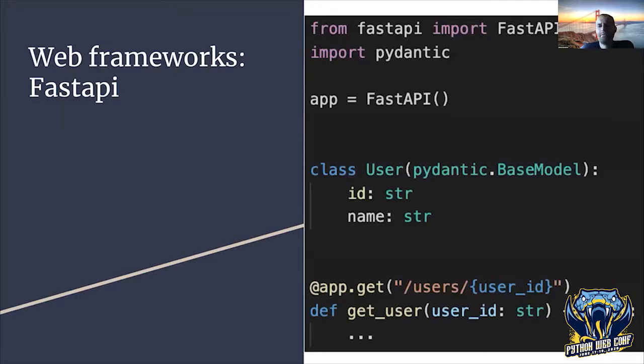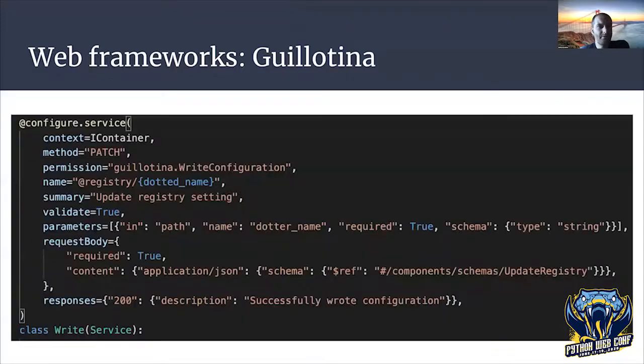So if we look at the FastAPI example again, this is just a Python object, and you get type checking, and it's really easy to write tests against this. And any changes to schema automatically update all your documentation, your Swagger UI, and your spec.